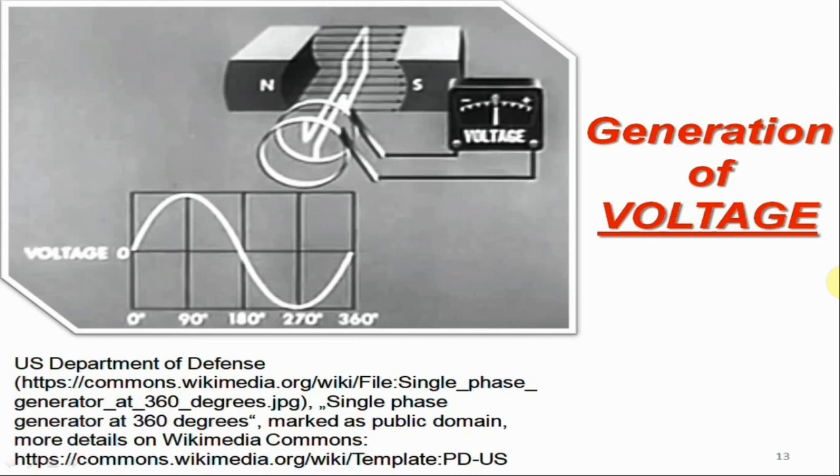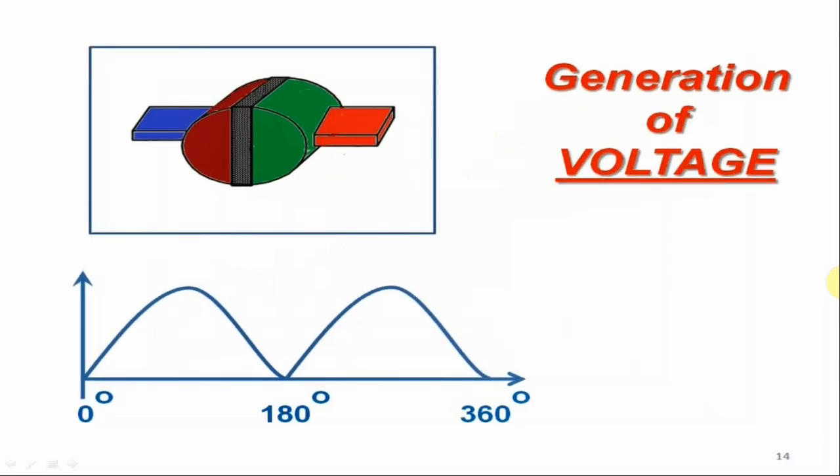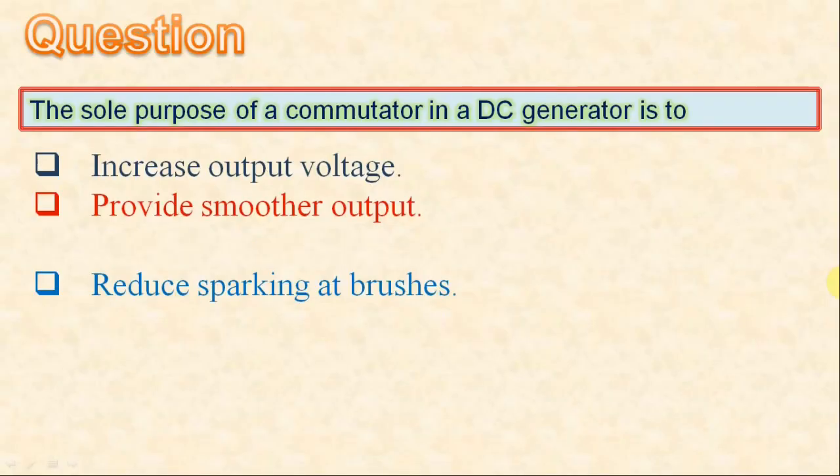However, by means of a commutator, the current in the external circuit becomes unidirectional. Therefore, the sole purpose of a commutator in a DC generator is to convert the induced AC in the armature conductors into DC. Hence, the third option is the correct answer.